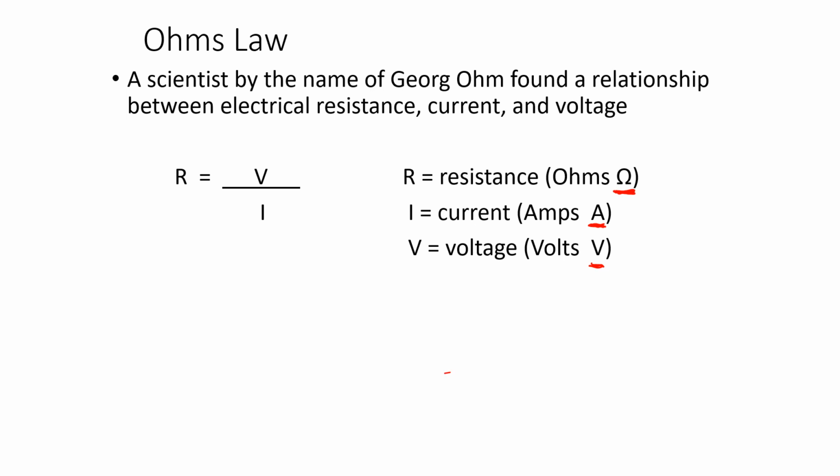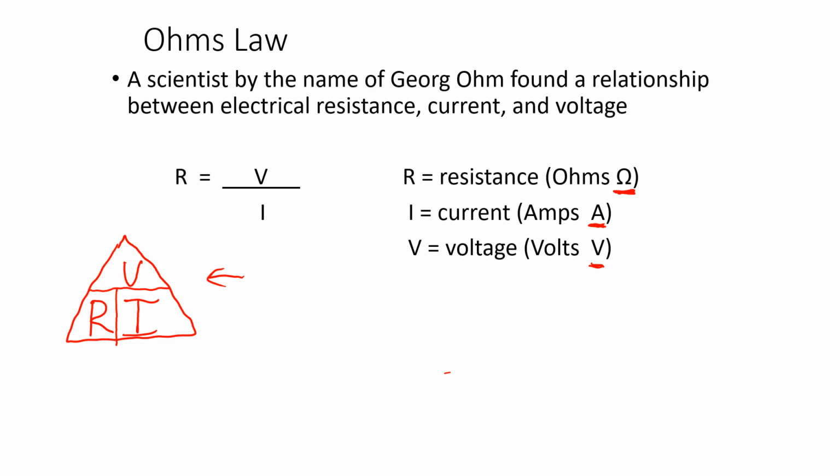Some people like to draw it this way as well, and you may have done these pyramid things before. This pyramid just helps you rearrange the formulas so you can see how it should look. So resistance will equal voltage over current.